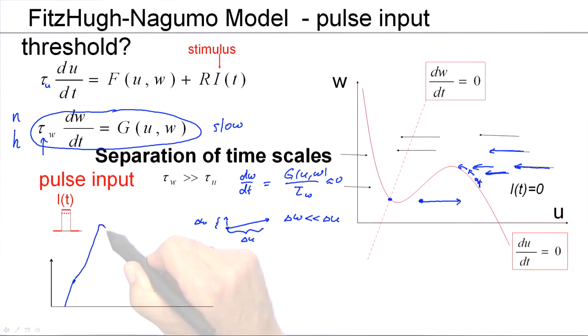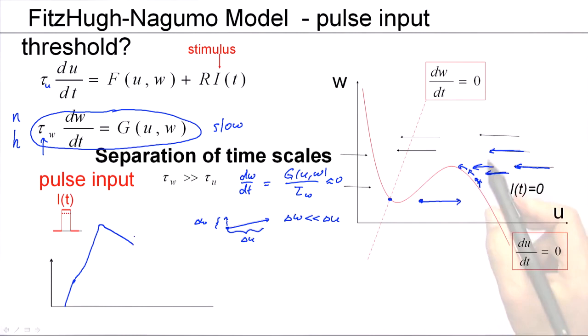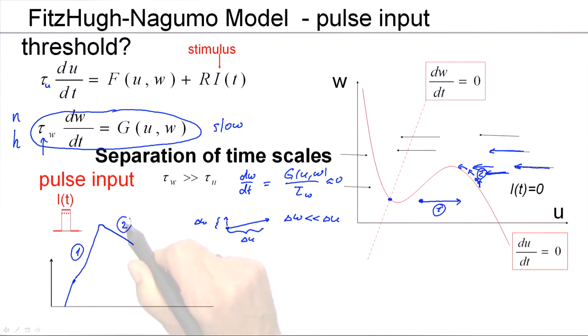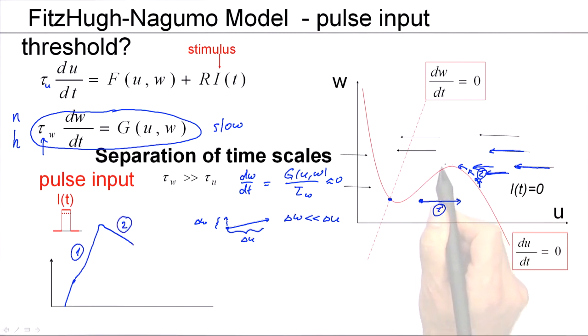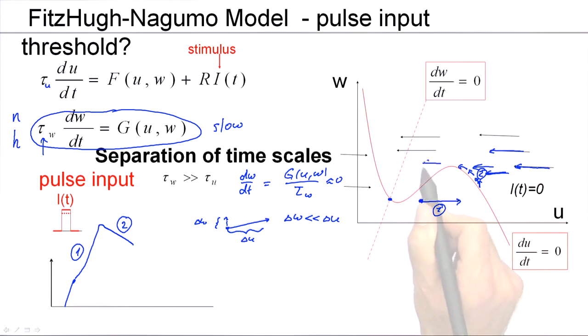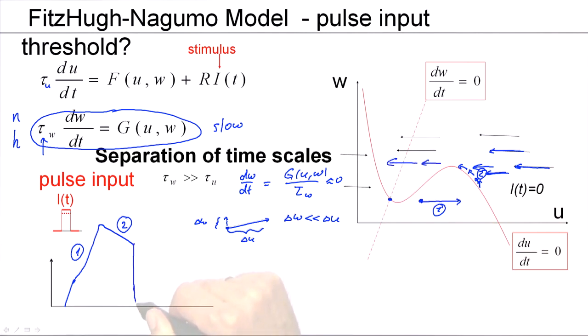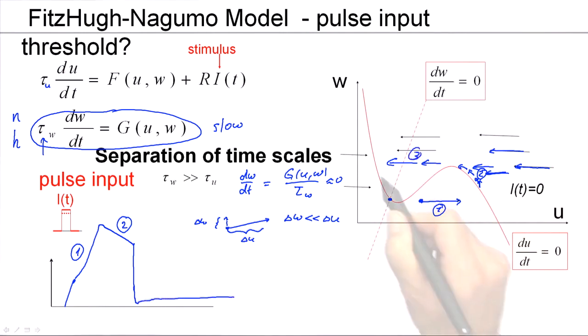So it takes some time when you go along the U-null line. If the upswing is phase 1, then this would be phase 2. And now suddenly there's no U-null line anymore that hinders your movement. So you move rapidly down, and then you come back very slowly, from below, towards the resting potential.